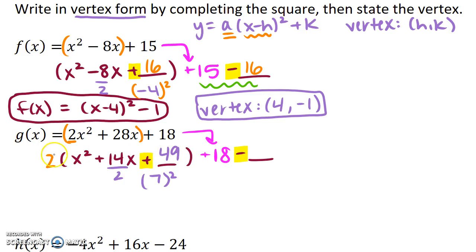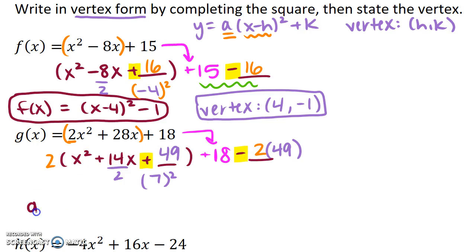If we simplified this, we would distribute the 2, and then we didn't actually add a 49 to your equation. We added the 2 times 49. So on the outside, you're going to have to write 2 times the 49. When we have an a value, you'll have to multiply that by whatever you filled in the blank to get your answer. That would go here to keep your equation equal.